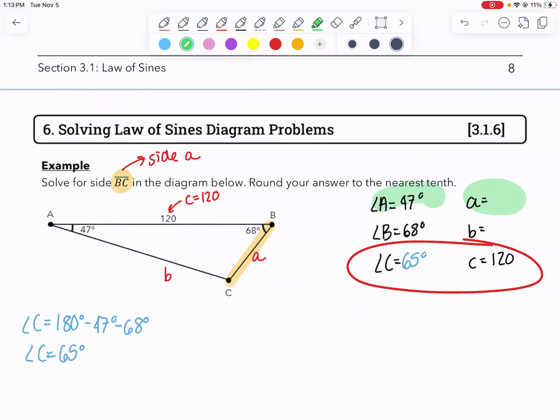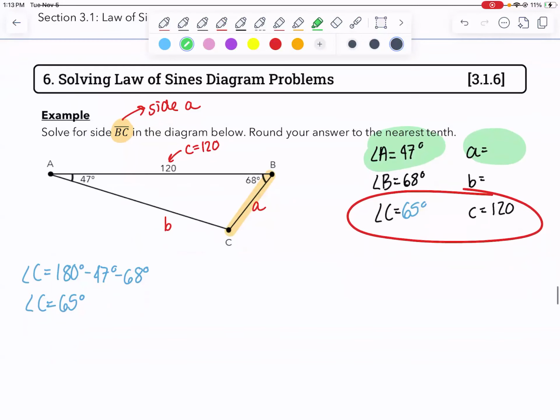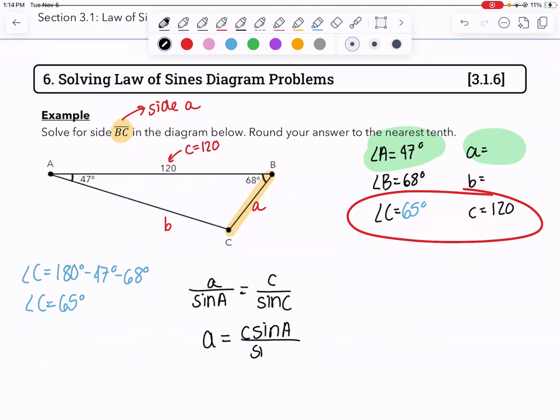We have A's angle. The way this is going to be set up, we have A over sine of angle A, and then we know everything about C, so C over sine of angle C. A is equal to C sine of angle A over sine of angle C.